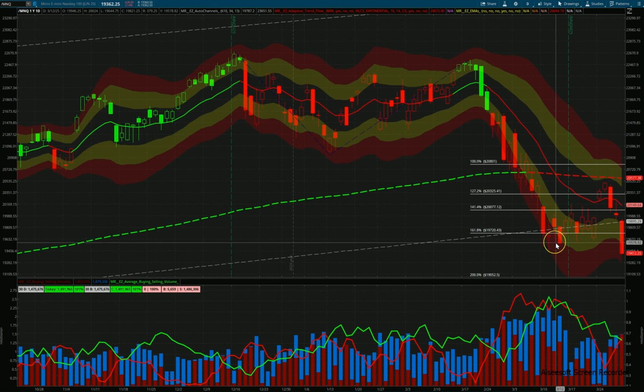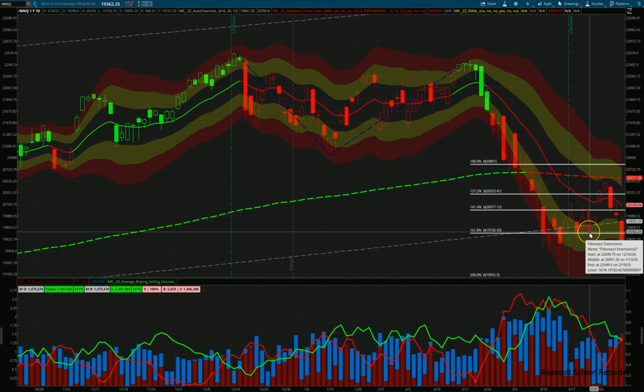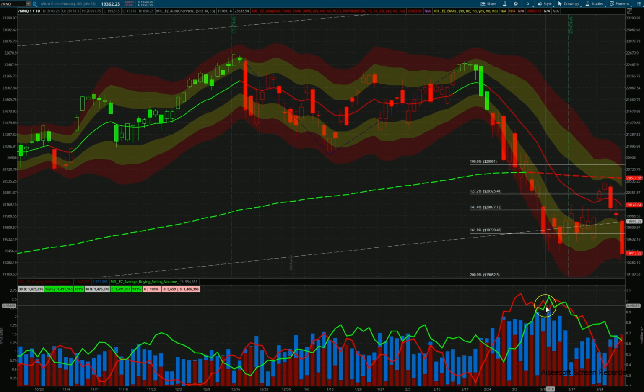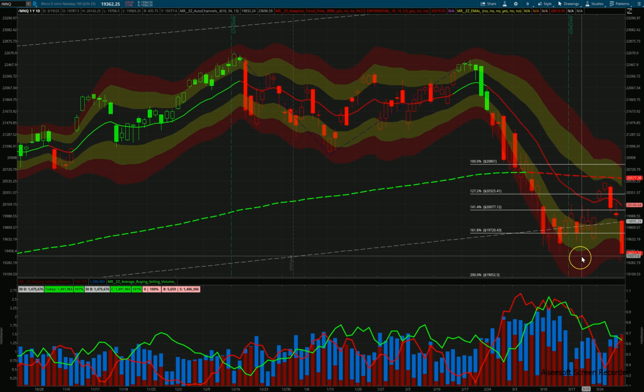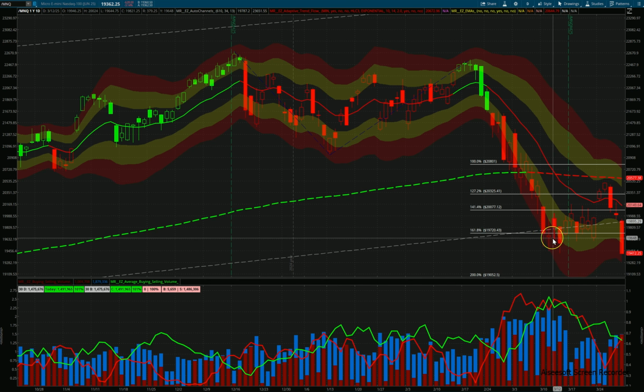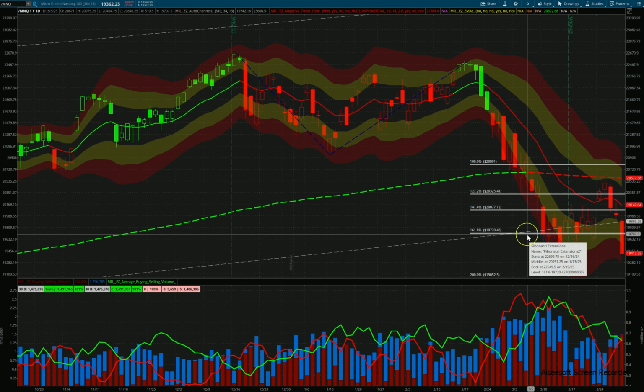So we could follow along here, and interestingly enough, the averages kind of get intertwined here, which gives you a sense it's a chop. There's no real trend going on here. It's just wrestling with the lower channel as it tries to move to the upside.